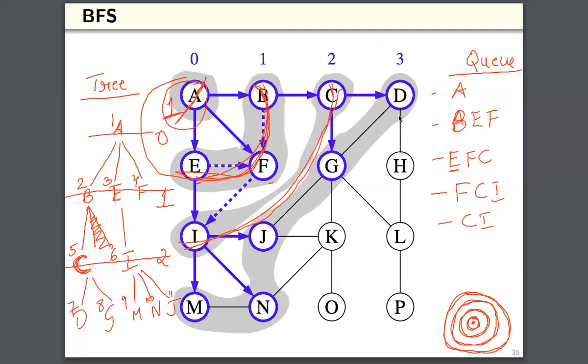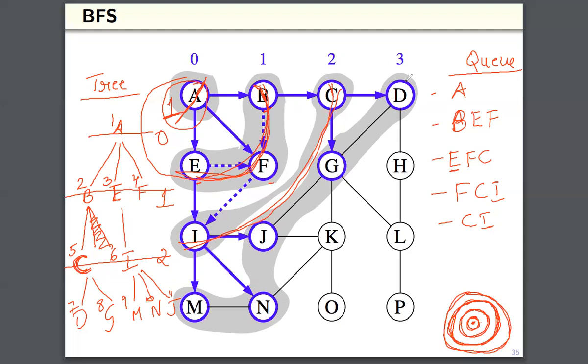In the next level, you have D, G, M, N, J. That's level 3, correct? Right? So that is level 3, 0, 1, 2, 3. So it's like this, level 3 concentric circle here. Make sense? So you keep expanding like this and cover all nodes. That's your BFS algorithm.